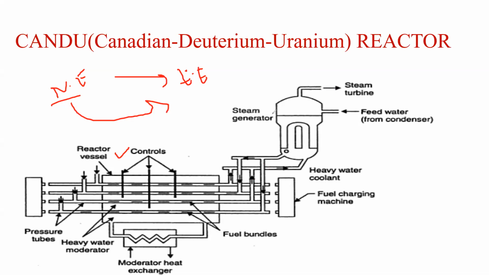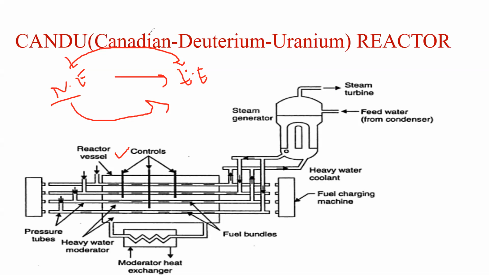To enhance the efficiency of the steam or thermodynamic cycle, we use some tools to maintain high temperature. So the objective is that nuclear energy is converted into electrical energy.